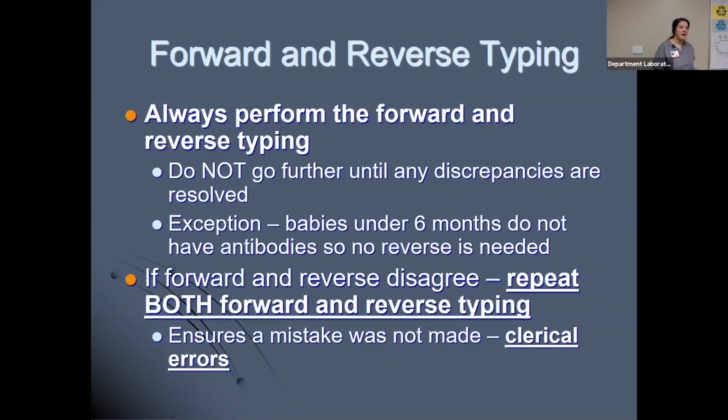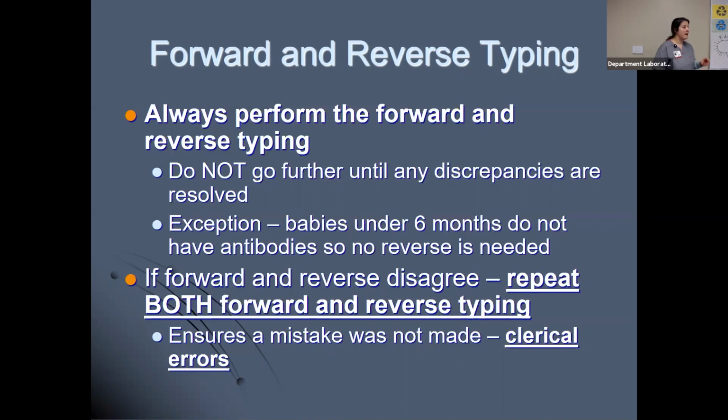For instance, if you have a patient that has a reaction in their back type with the A cells, that's not normal, right? That looks like a type O patient, the back type does. So more than likely they're a subgroup of A. If you miss that subgroup of A, maybe they have their A1 or A2 with anti-A1.